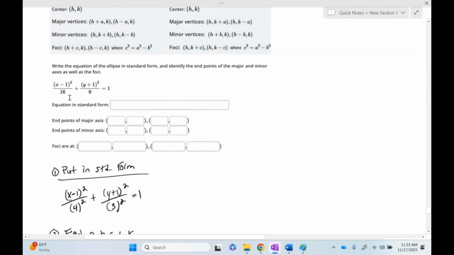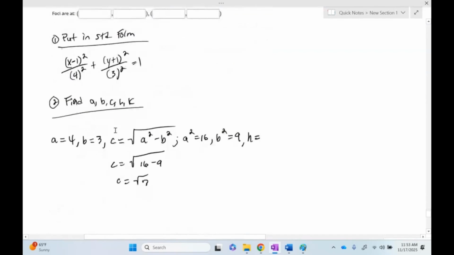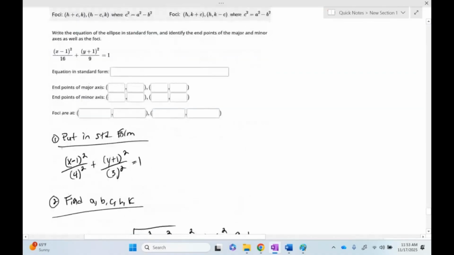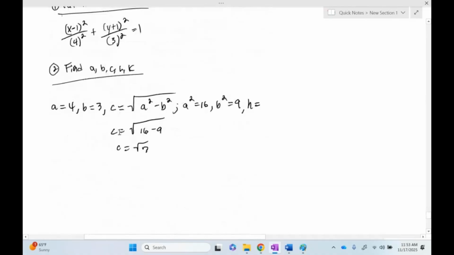So our center is positive 1, negative 1. H is positive 1, and K is going to equal negative 1. All right, is everybody okay with where these values come from?